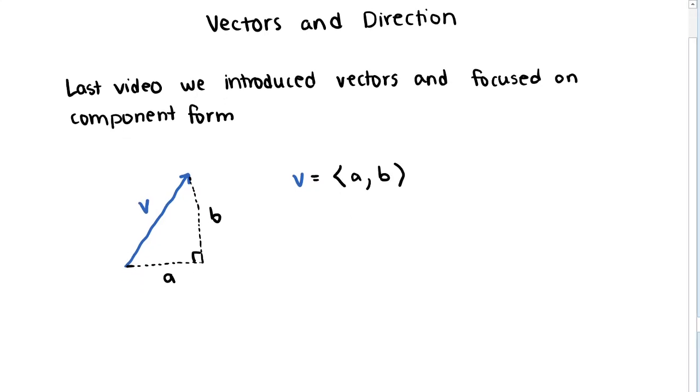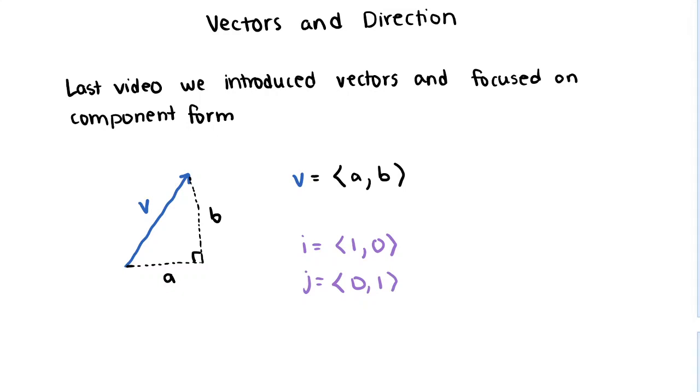And then we also said that another way we can represent this vector is in terms of the most basic vectors, the horizontal and vertical vectors of length 1. Here we usually call these i and j. Here i is the horizontal vector of length 1 in the direction to the right, and j is the vertical vector of length 1 directed upwards.